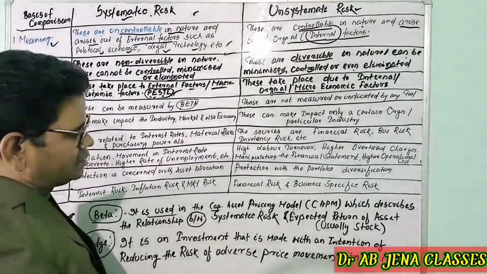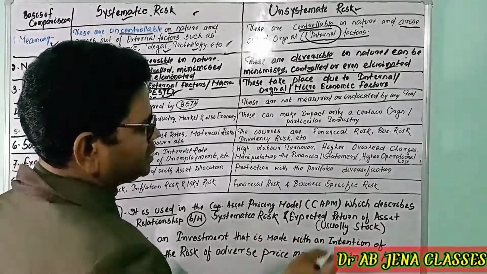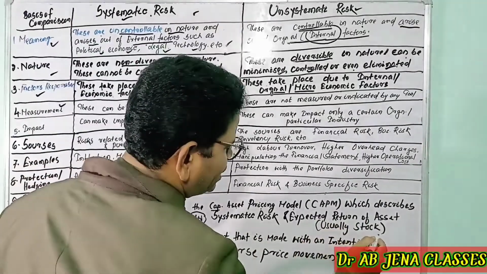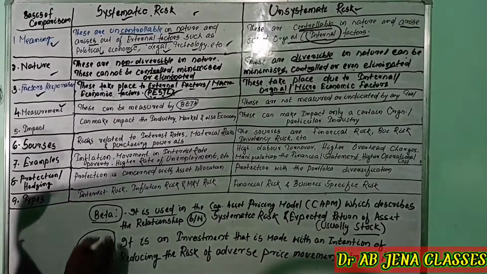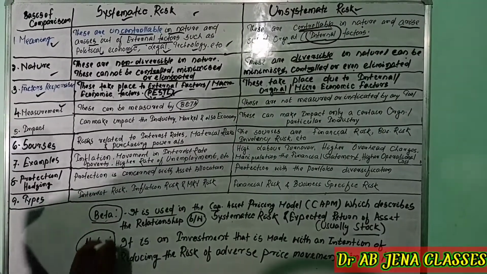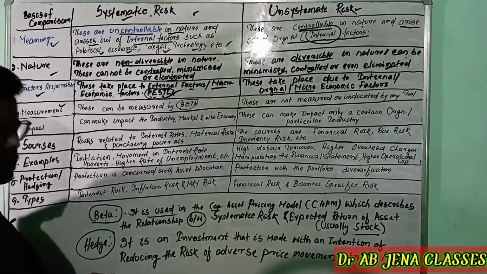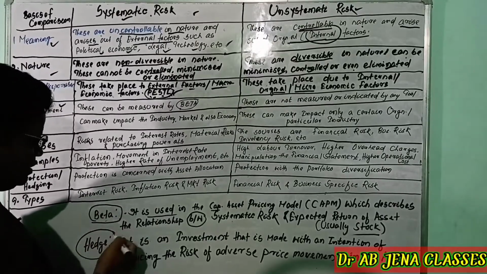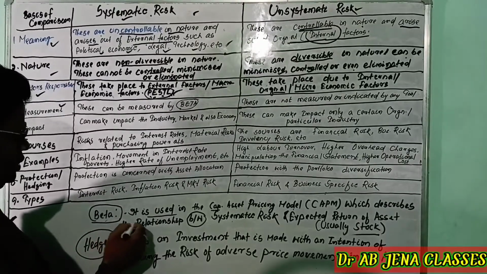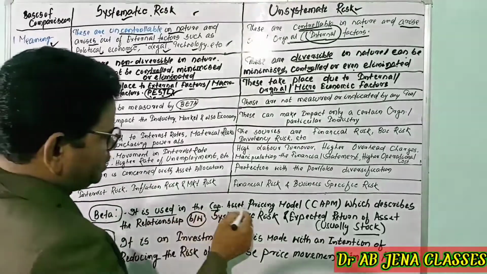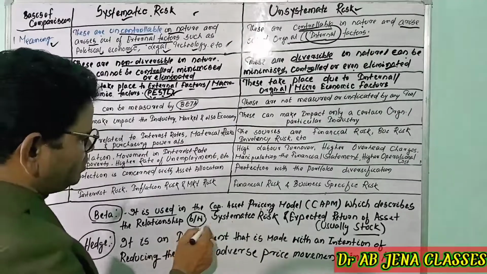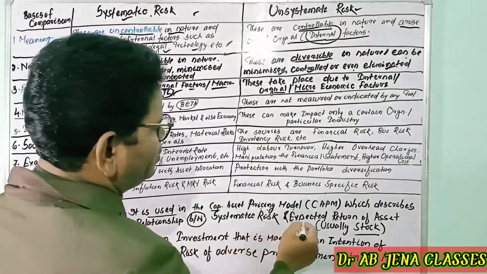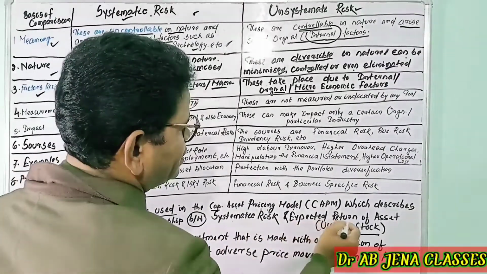It's the relationship between the systematic risks and the expected return on assets, usually the stock. So once again I am repeating, beta is the financial tool used in the capital asset pricing model, which describes the relationship between the systematic risks and the expected return of the assets.